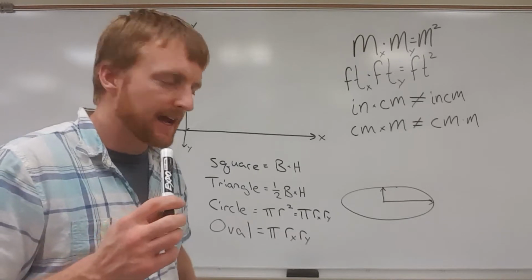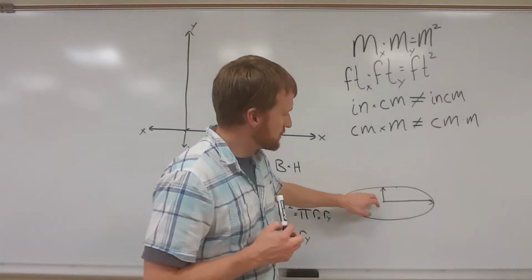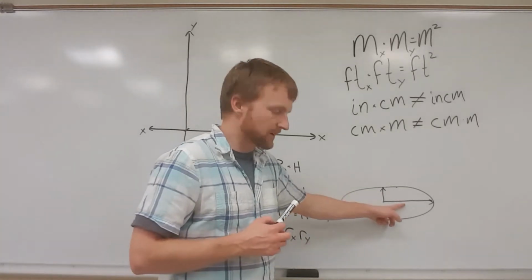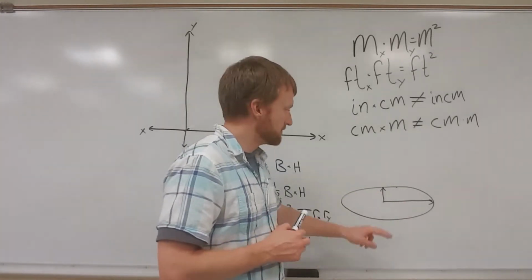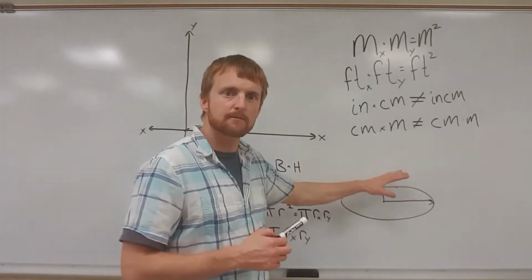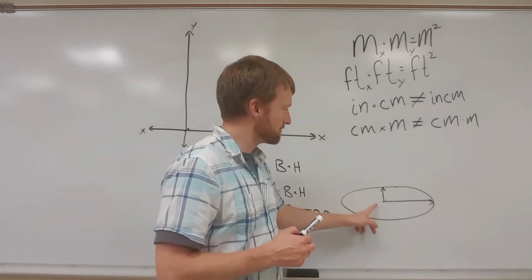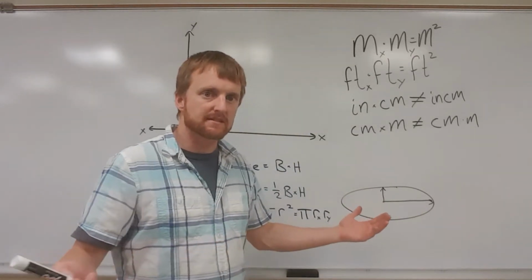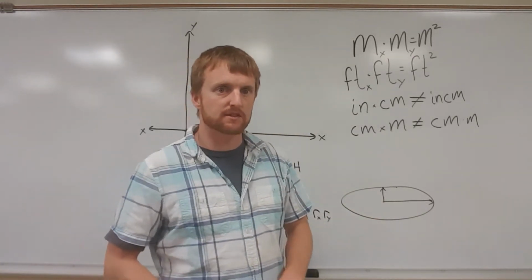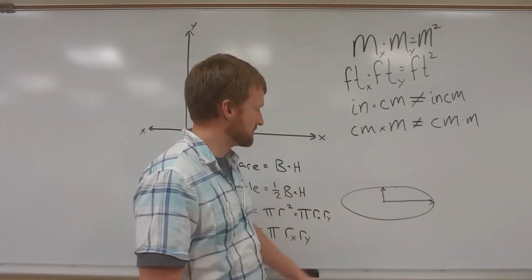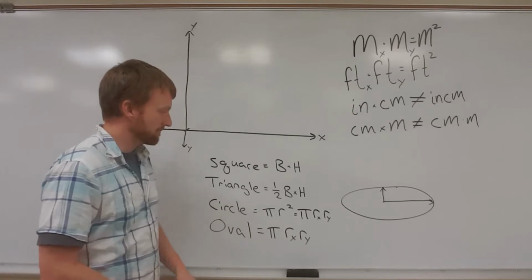Because an oval has two different radii. It has a minor axis and a major axis, okay? On this particular oval, the major axis is the x-axis. It just means it's the larger axis, the larger portion of the oval. And the y one is the minor, whatever.